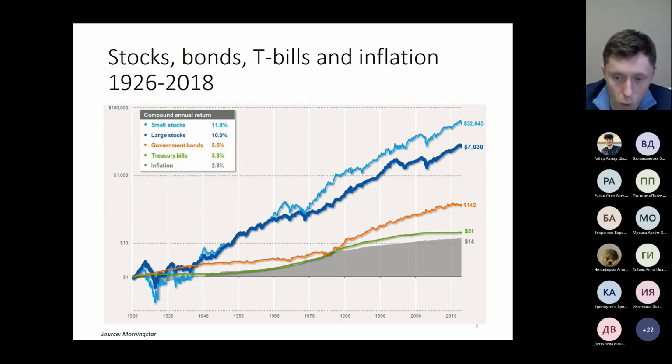Alternatively, if we are conservative people, we can invest into bonds. There are two types of bonds presented here: short-term state bonds, which are called treasury bills, and long-term or middle-term bonds, the different bonds except the short-term bonds. They are called government bonds.